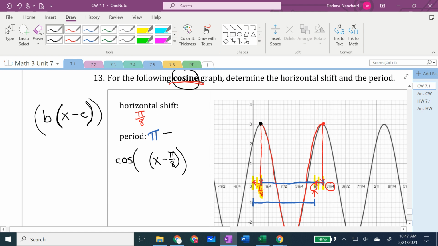And then if I know that my period is pi and I want to find b, we actually just saw that, but let's look at it again. Whatever I'm getting for the period of my graph, it will be equal to 2 pi divided by b. The period of my graph is pi.